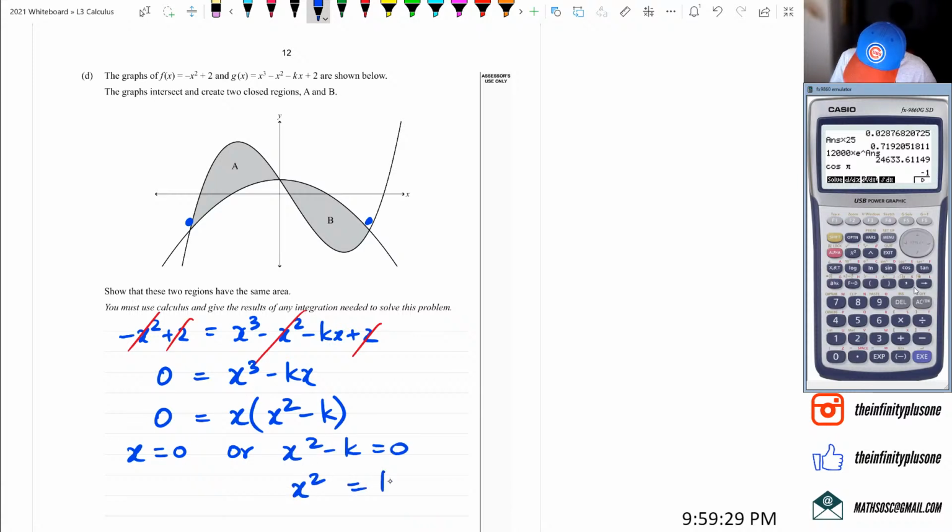So x squared equals k, and x equals plus or minus square root of k. Remember that when you take a square root of a number, you get the positive version, which is square root of k, and you also get the negative version, which is negative square root of k.